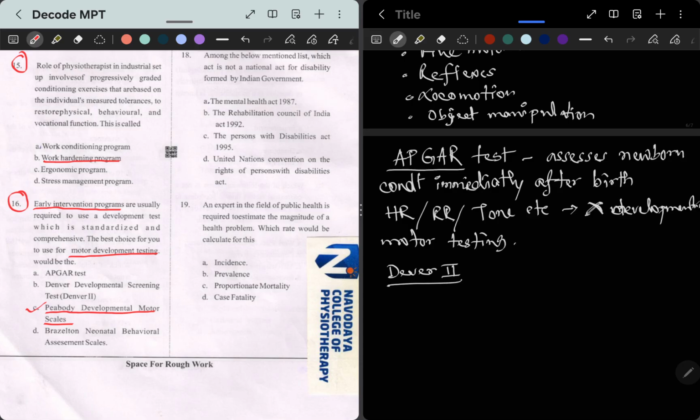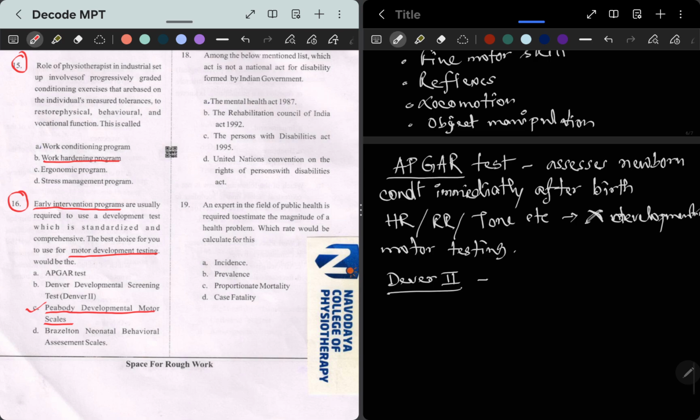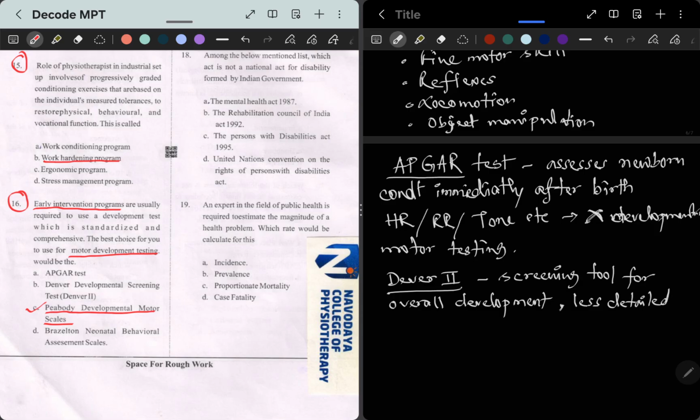Denver developmental screening test is a screening tool for overall development, not only motor, so it is less detailed for motor analysis.